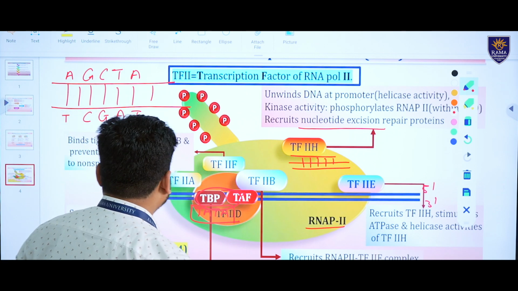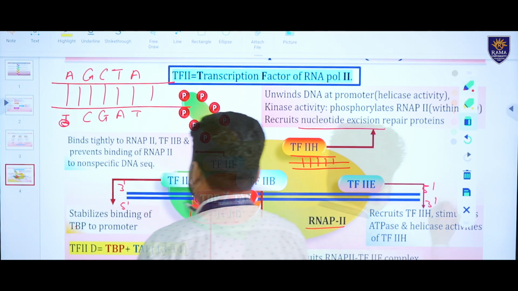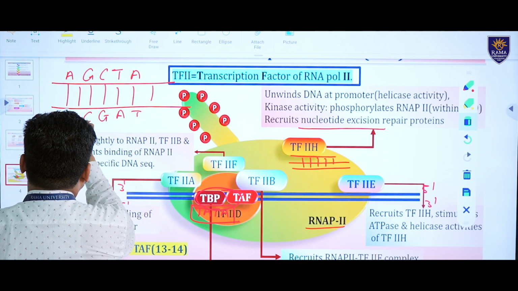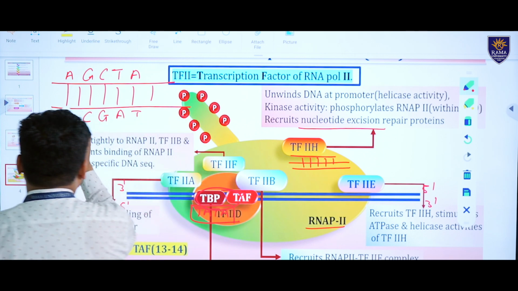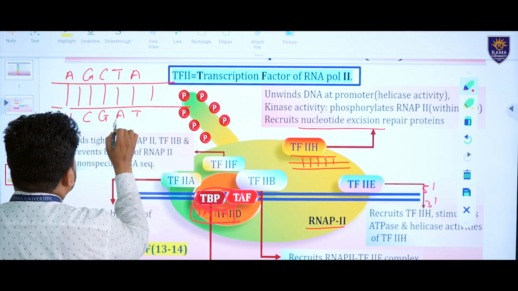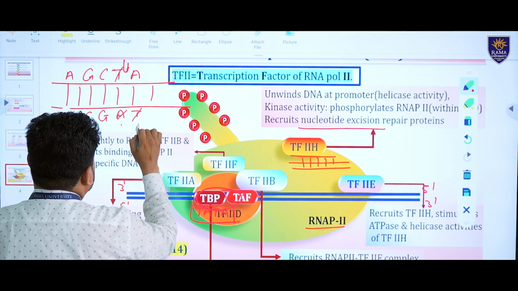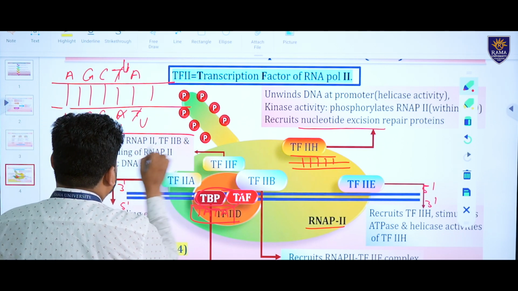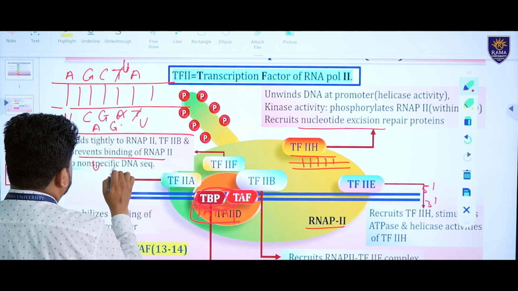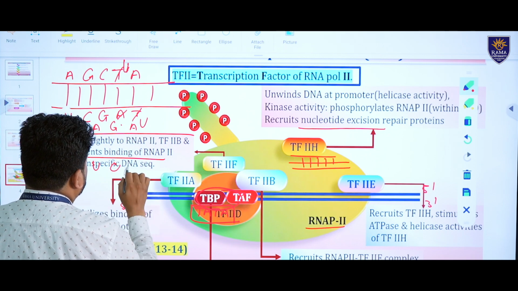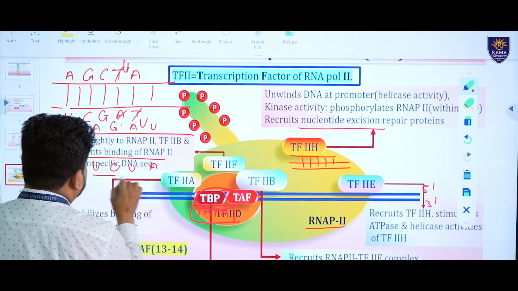But in case of RNA, in place of thymine, there is uracil. Similarly here, uracil means these should be adenine, uracil, guanine, cytosine, adenine, uracil, adenine. These are the sequence.